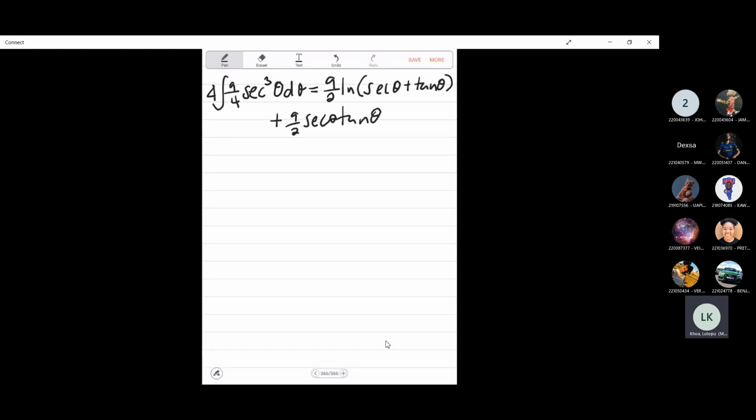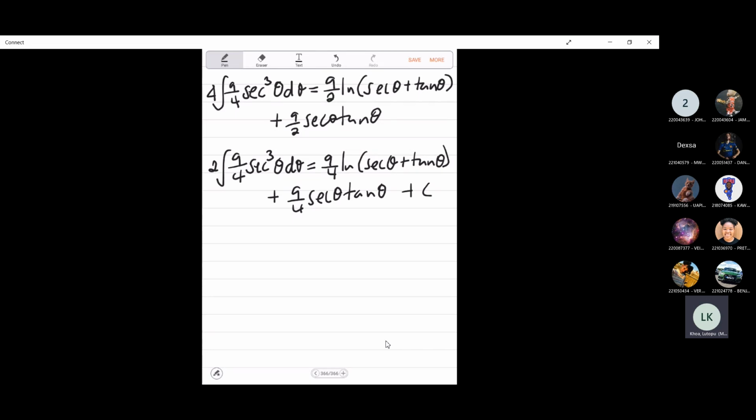Okay, so remember we want 9/4 sec to the power of 3 of theta d theta. So we divide everything by 2. So we have 9/4 ln sec theta plus tan theta plus 9/4 sec theta tan theta. Then we have our constant.